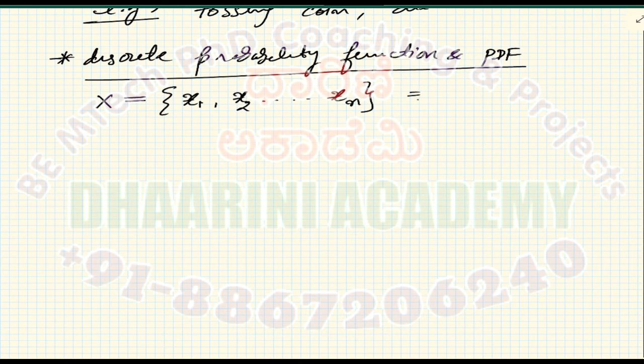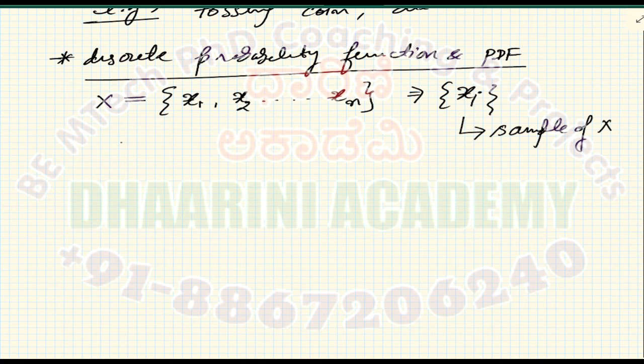This basically contains several xi's. Capital X is the whole variable, small i is a sample of that random variable.